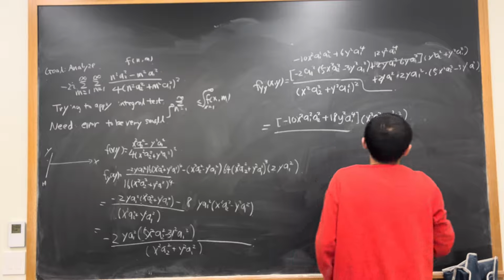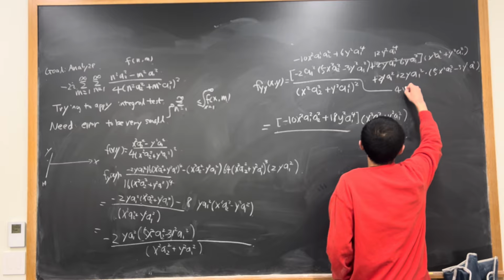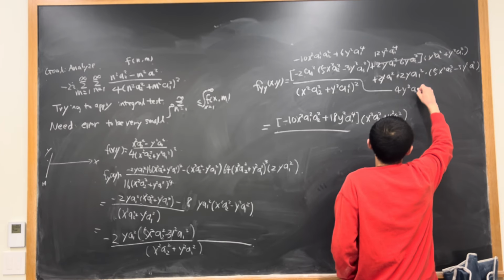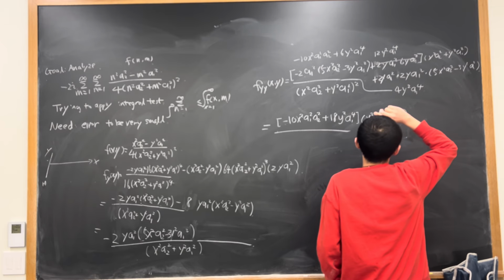So this guy is 4y squared a1 to the fourth power, right?